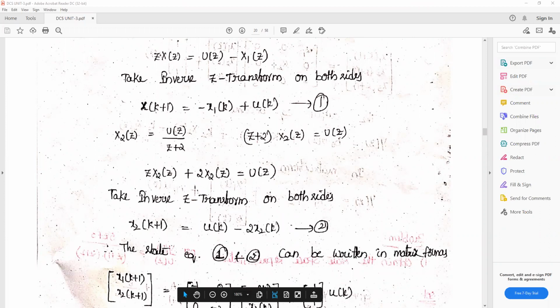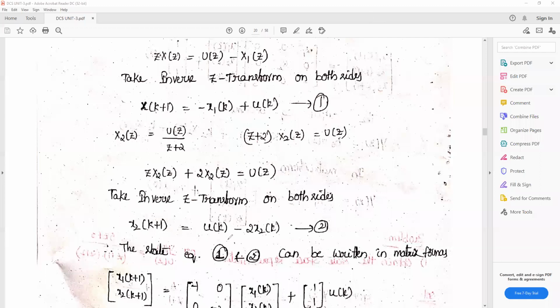So x1 of k plus 1 is equal to minus x1 of k plus u of k. And the same process is applied for x2 of z with the inverse z transform. So x2 of k plus 1 is equal to u of k minus 2 x2 of k.